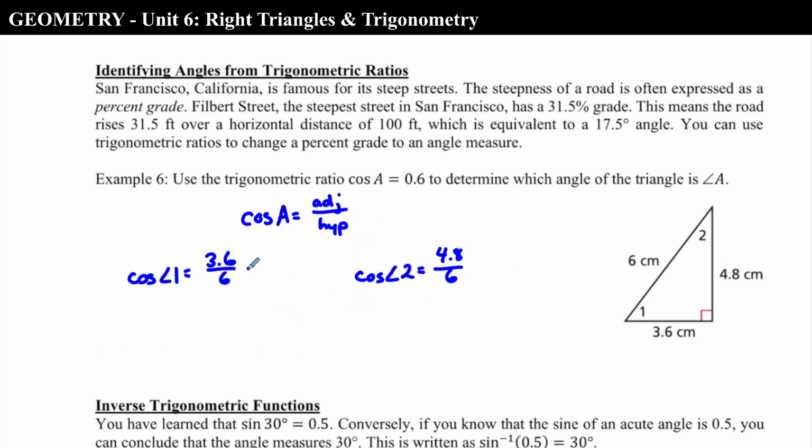So for this one, this is 0.6, this one's 0.8, so therefore, since the cosine of A equals 0.6, which equals the cosine of angle 1, then we can say that angle 1 is angle A.